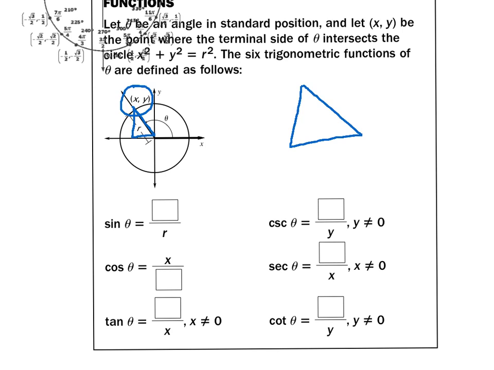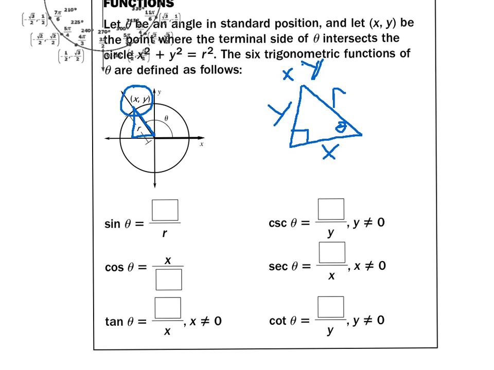I put the theta down in this corner. I have a right angle right here, and the point x, y tells me that the length of this side is y, the length of this side is x, and the radius is r.